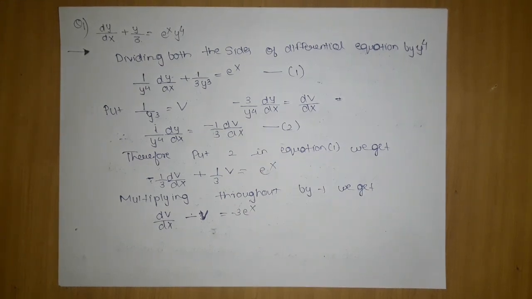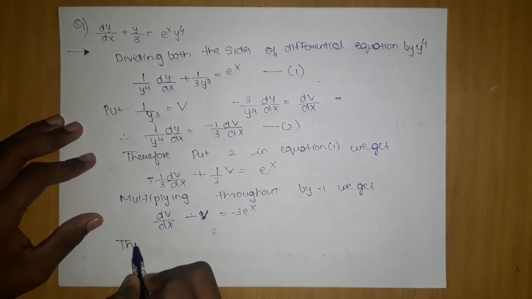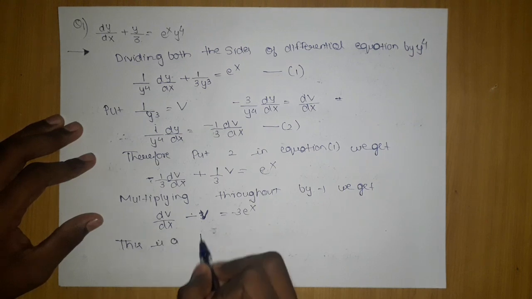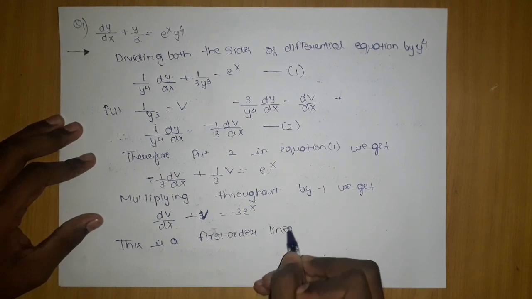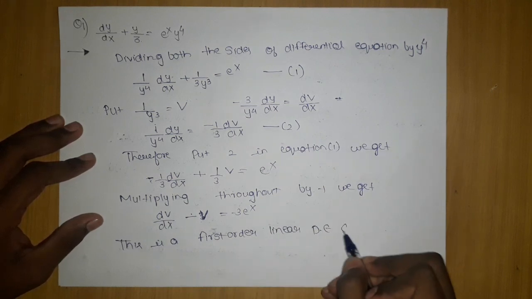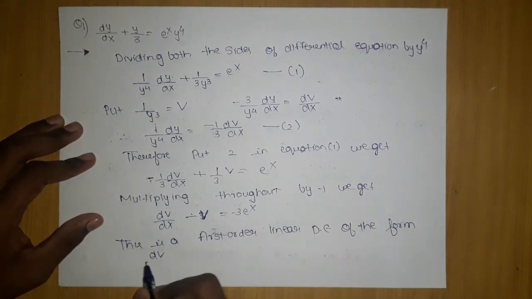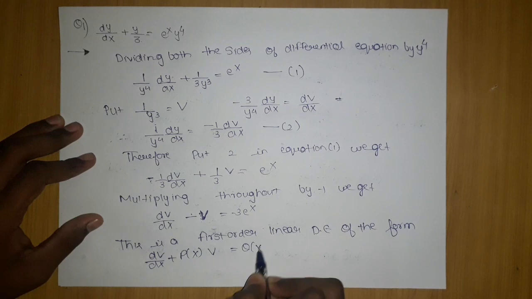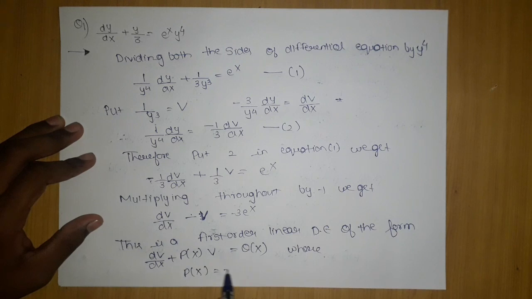So now our job is what? This is a first order linear differential equation of the form, you have to mention the form also, dv by dx plus p of x into v equal to q of x, where p of x is nothing but minus 1 and q of x is nothing but minus 3 e power x.